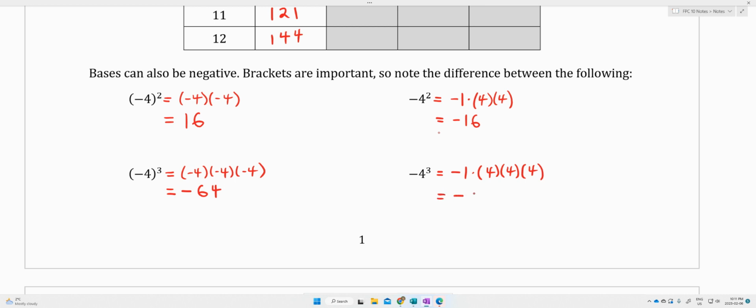So this will be -64 as well. So a really common mistake is remembering that when there's brackets, you must raise that negative to the exponent as well. If there isn't, the exponent is only attached to the 4, not the negative.